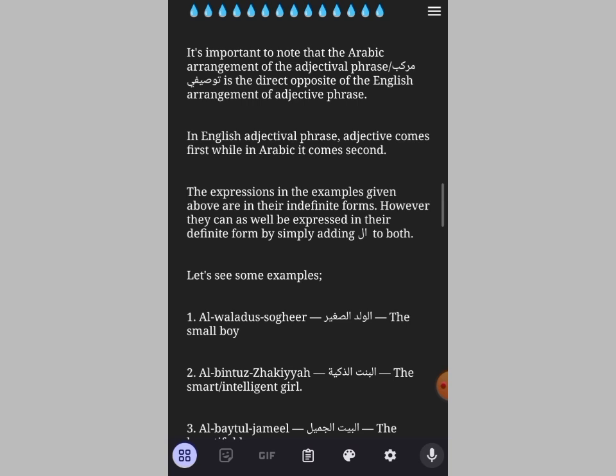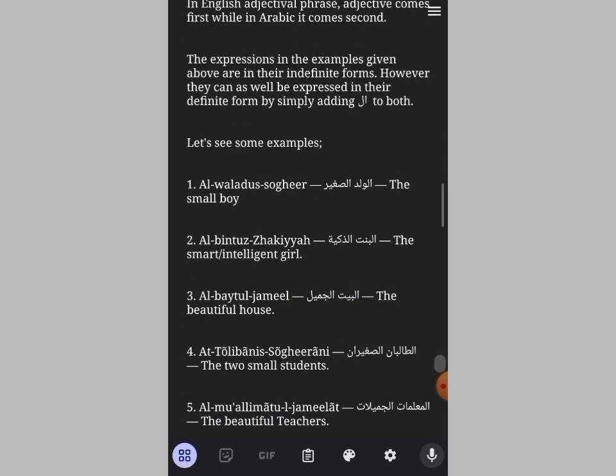All right. Now let's look at an example. Al-bintu al-dhakiya, the smart girl. That's the arrangement. Now we have the house, the beautiful house: al-baytu al-jamil.